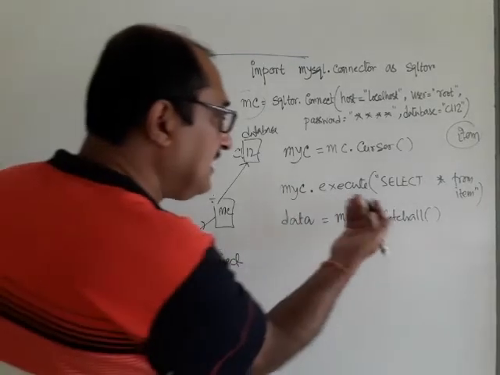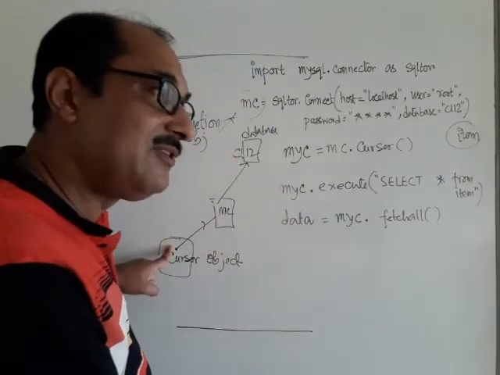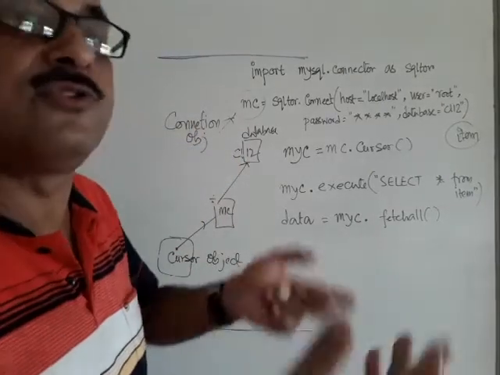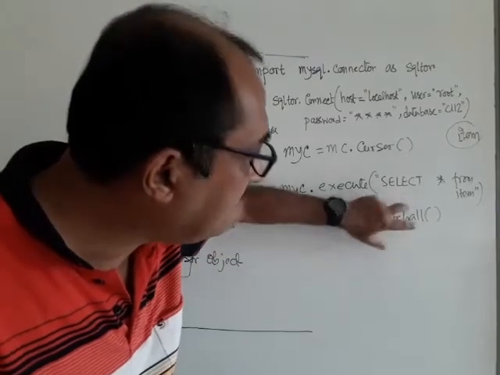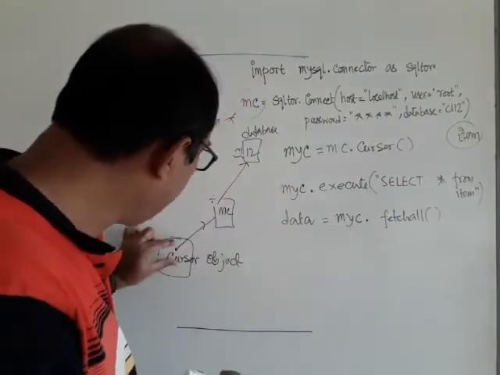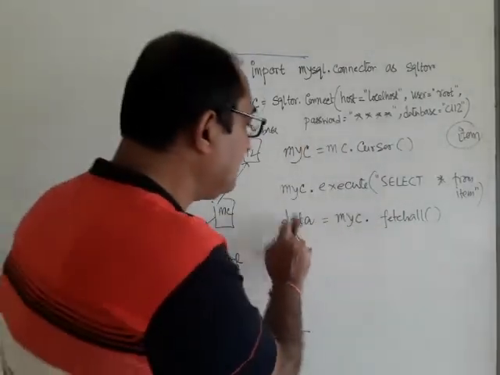I can have only selected results, only one result, or a few results, like 3-4 rows. That I can decide by using these functions. Since I wrote fetchall, the whole thing will be accessible to the variable.